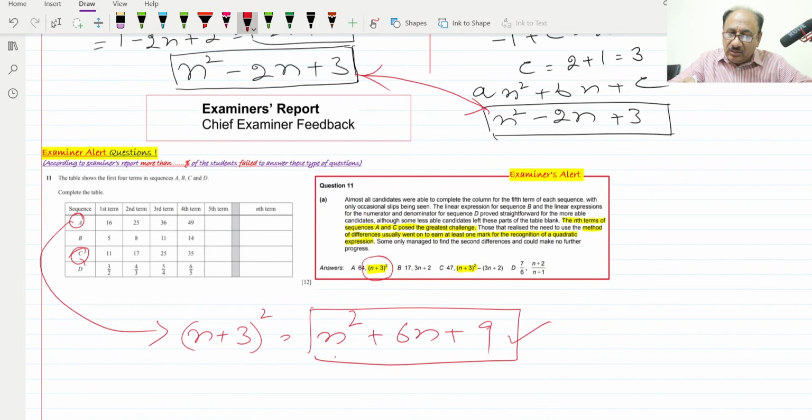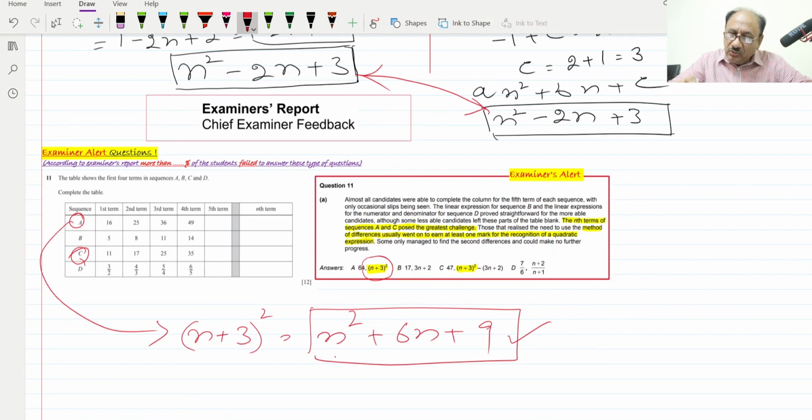So if you recognize that it is a quadratic expression and you go for the difference method and try for it, and 1 or 2 steps are correct, you will get at least some marks. But as I have explained, if you follow one of these two methods properly, and you are improving your skill level, then you will be able to solve unseen questions as well.